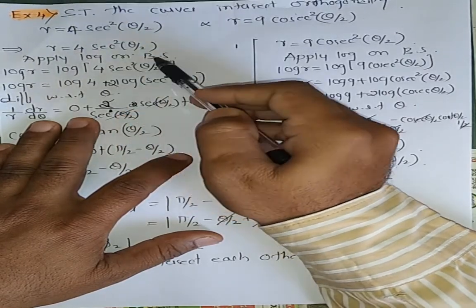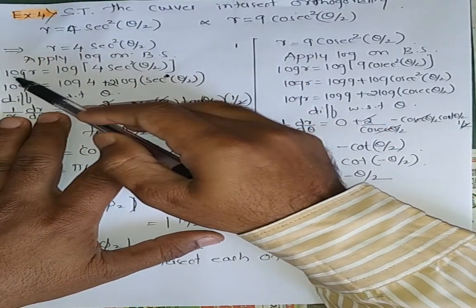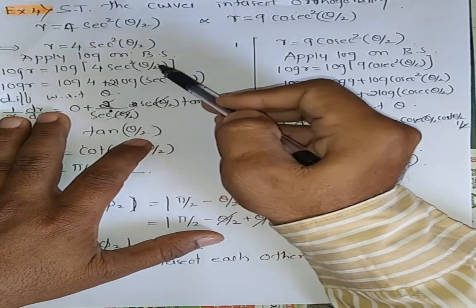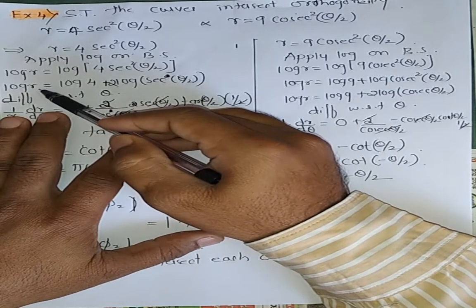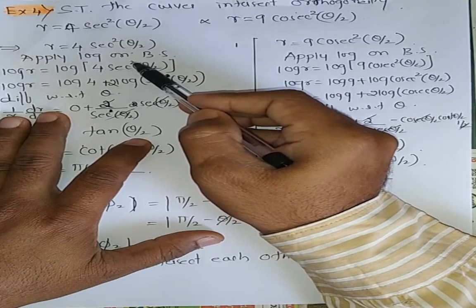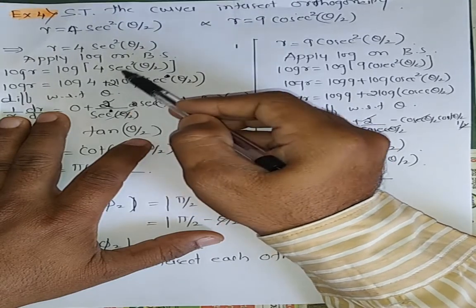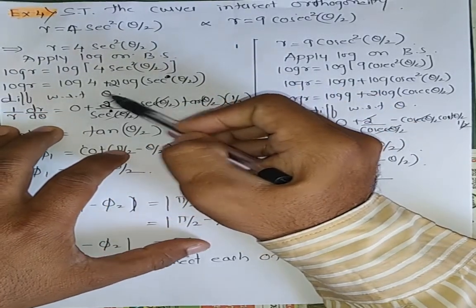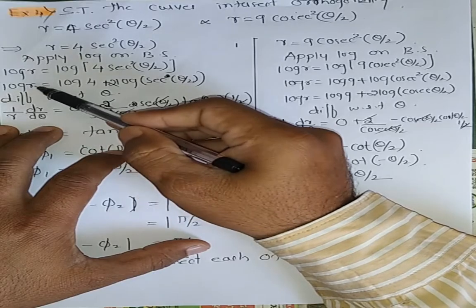Apply log on both sides. So log r as it is, then applying log here, 4 sec like this. Then similarly log r as it is. Now log 4 plus log of this term. I have taken 2 directly here because of log m to the power n, so 2 comes here, log of sec theta by 2. So differentiate with respect to theta. So log r differentiation is 1 by r dr upon d theta.